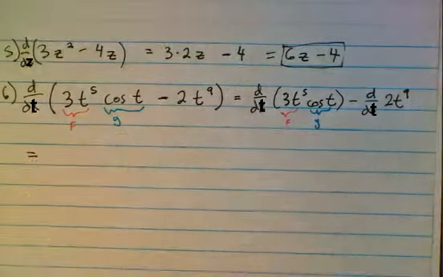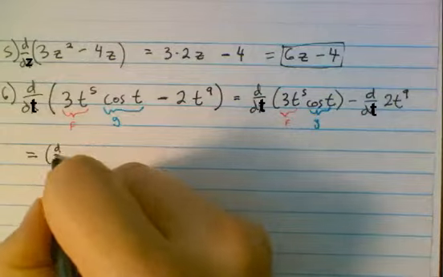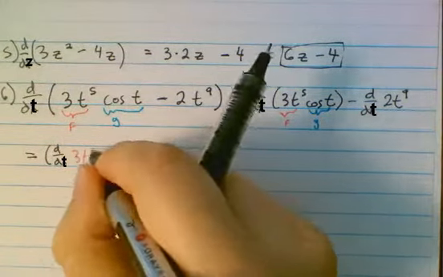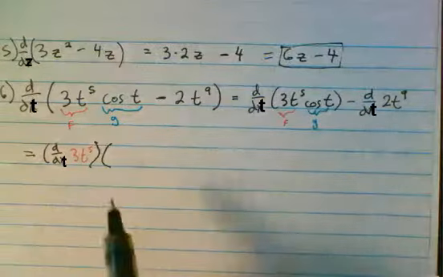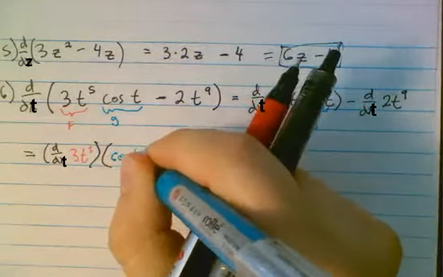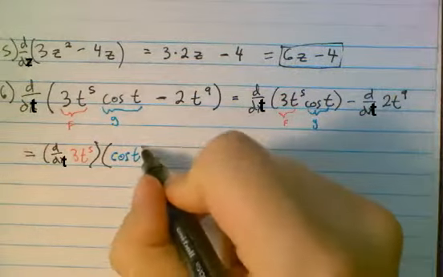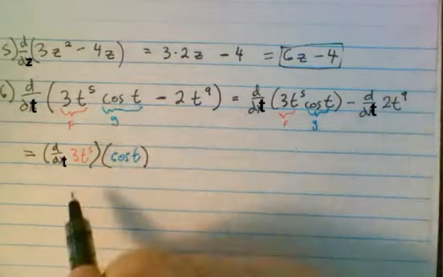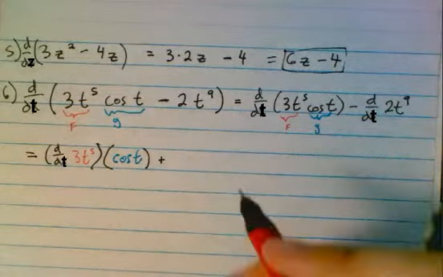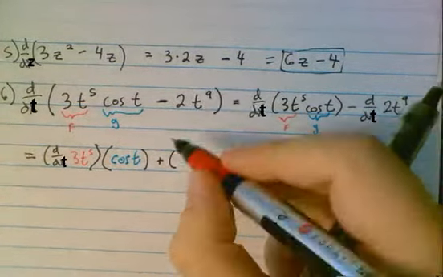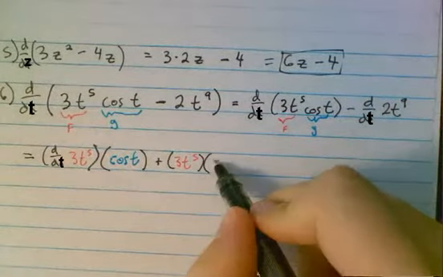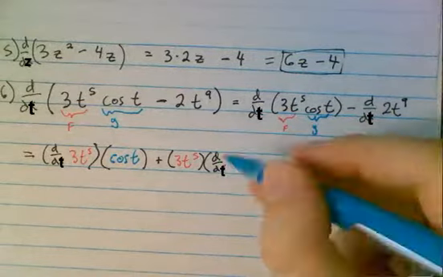So let's go ahead and do that. We're going to do the derivative of 3t to the 5th, and then just plain old cosine t. And then we've got to use the product rule, so that's going to be plus 3t to the 5th times the derivative of cosine t.